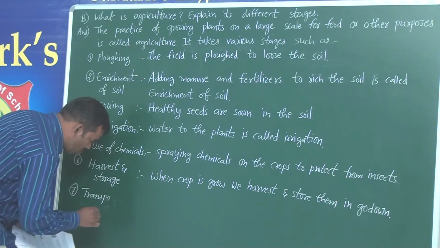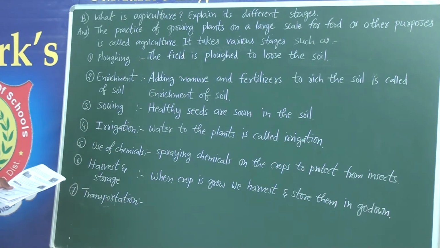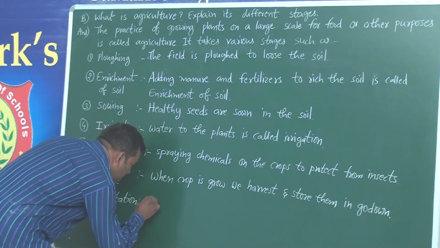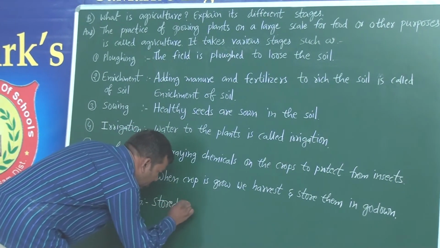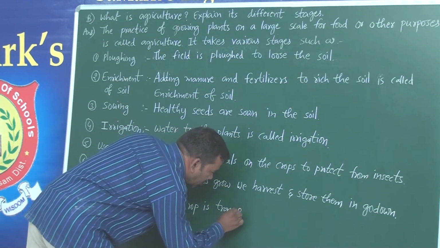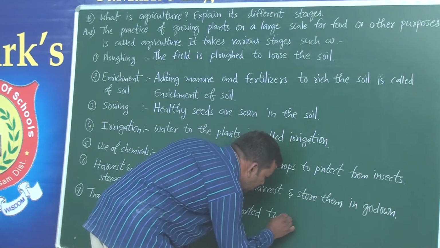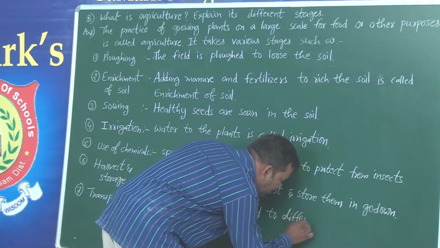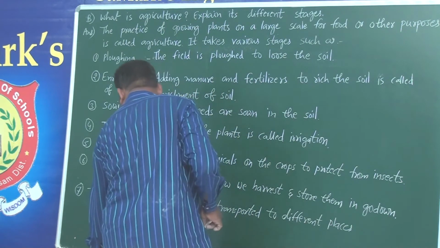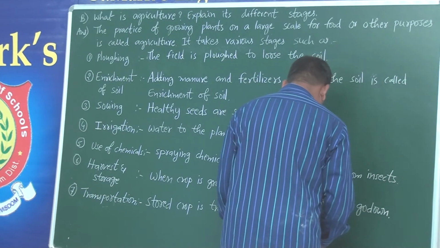Transportation. The stored crop is transferred to different places, from where it reaches the consumer.